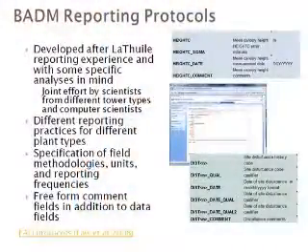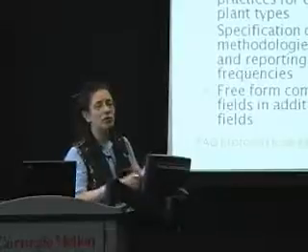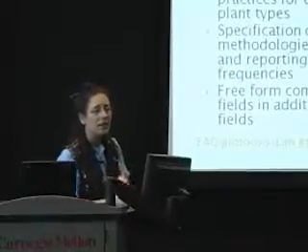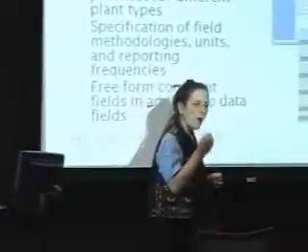So out of that experience, we worked together with a collection of scientists to do the so-called BADM reporting protocol, Biological Ancillary Disturbance and Metadata, BADM. Developed after the experience, very much more prescriptive about what to report, for disturbances in particular.